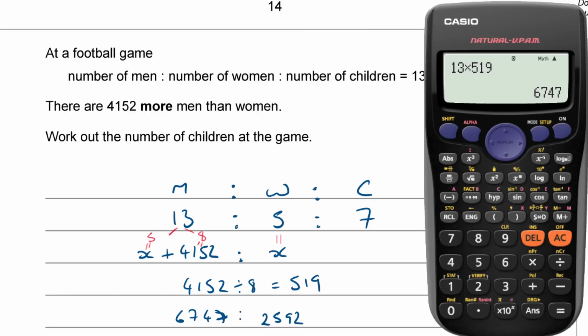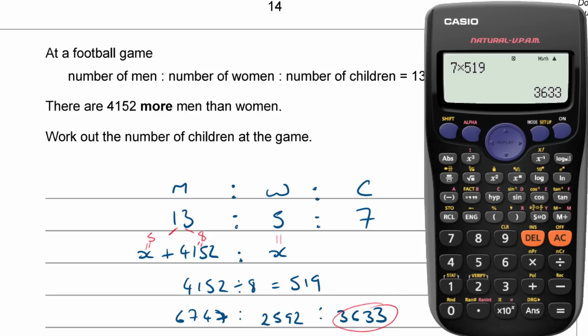So there must have been 7 lots of 519 children. So it must have been 3,633 children. So that is going to be my answer then, isn't it? That one there.